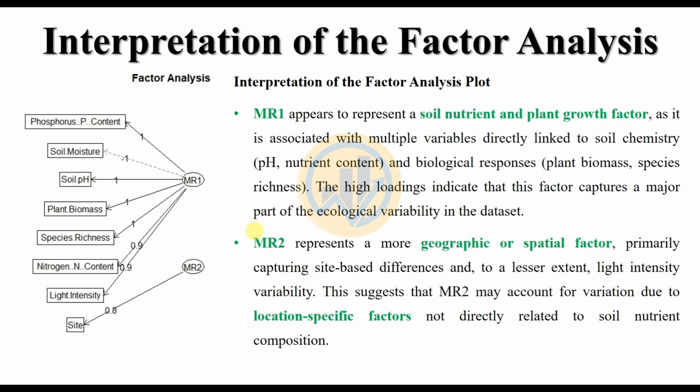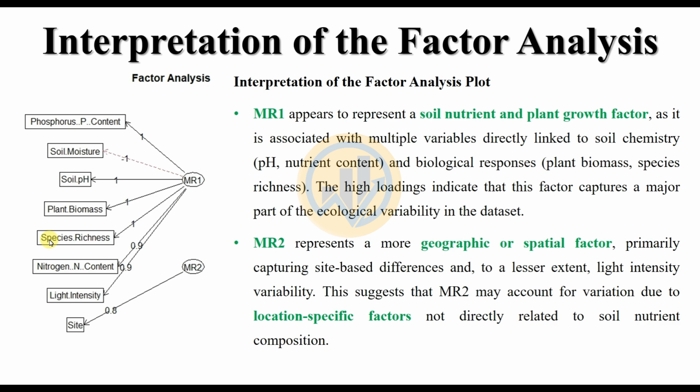The next one is the interpretation of the factor analysis plot in RStudio. MR1 appears to represent soil nutrient and plant growth factors, the plant growth factors being biomass and species richness.